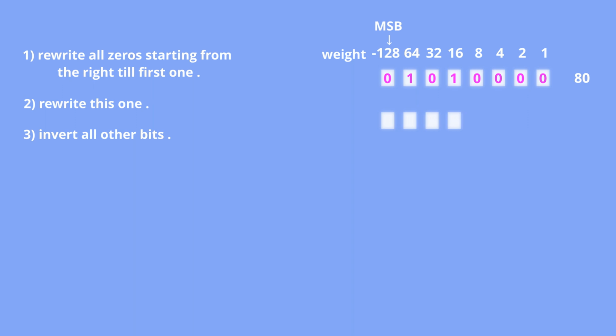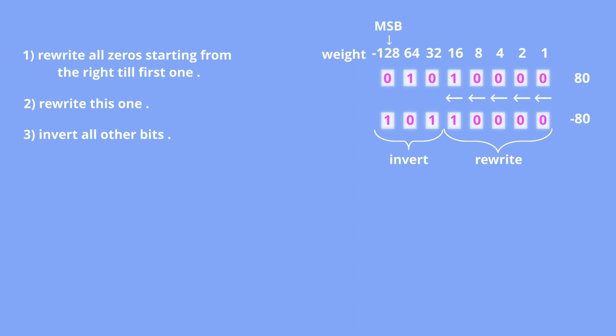We move from right to left, passing zeros until we encounter the first 1. Then we rewrite all past zeros and the first 1 from the right. Then we invert all other bits and obtain negative 80. Let's check this method with the method of inverting bits and adding 1.